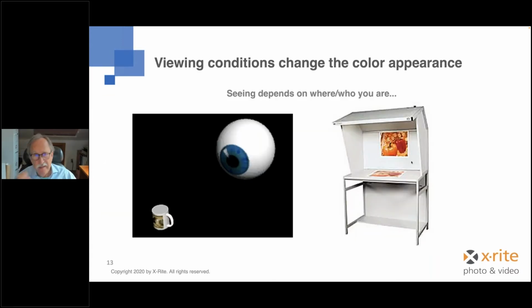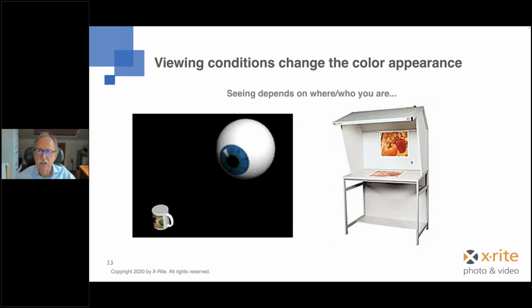There's one other thing that you need to very much think about and be aware of when you're dealing with color, and color management helps us get there. But viewing conditions change the color appearance. That's why in many cases you've seen these light boxes when people are looking at printed samples.